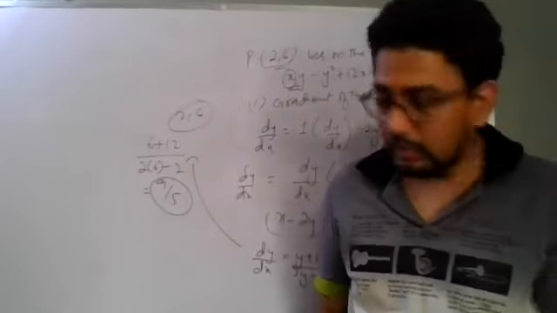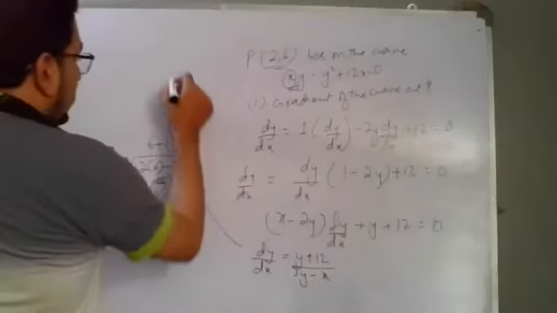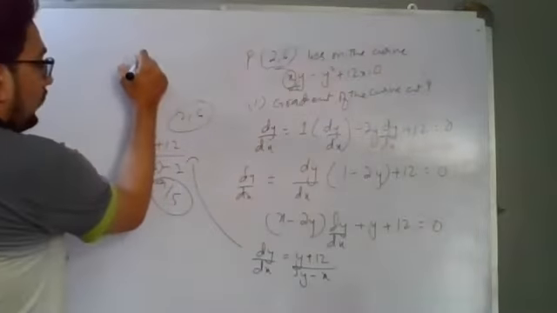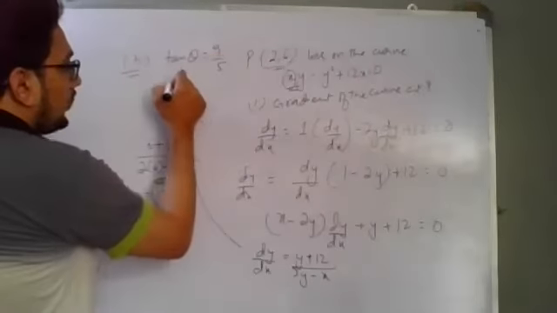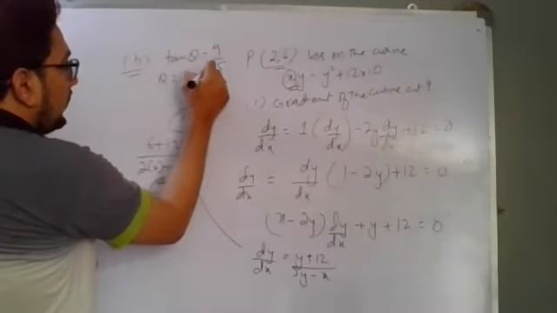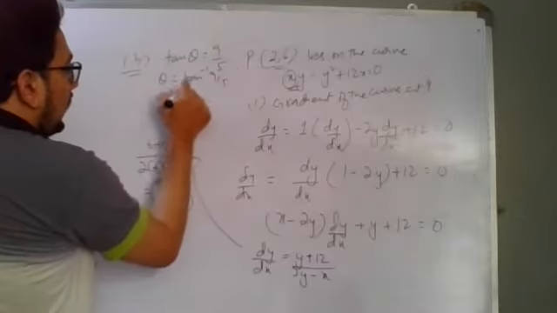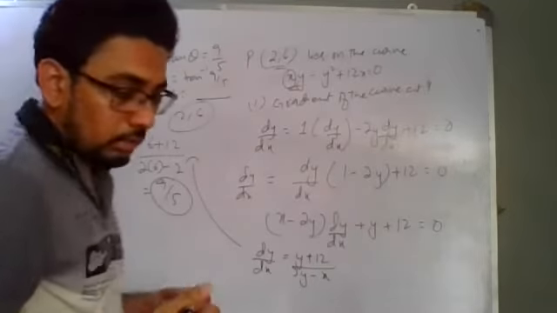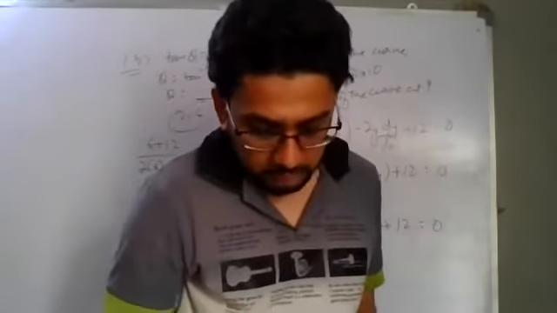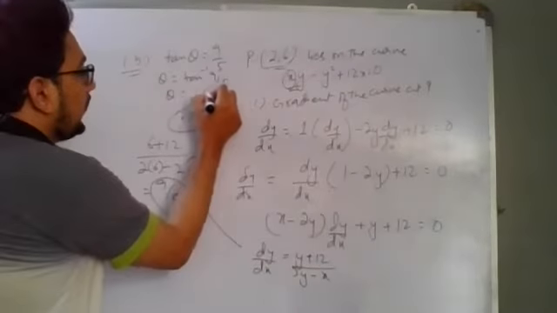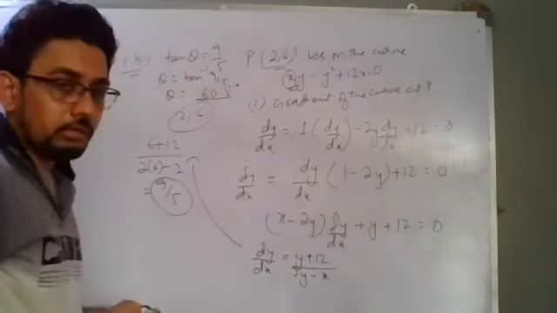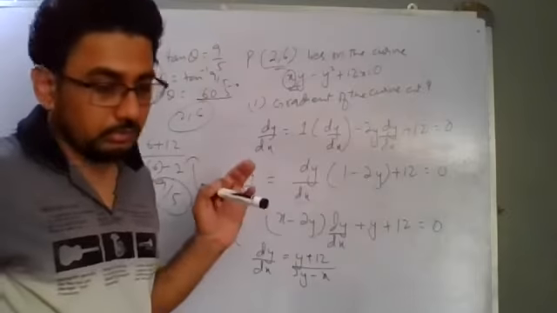For the angle, we find tan theta. Tan theta is equal to 9 over 5, so theta is equal to tan inverse of 9 over 5. Using the calculator, the final value is 60.5 degrees. This is the first part that we have done.